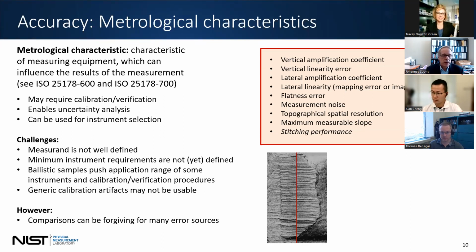On the other hand, the big advantage in forensics is that comparisons can be forgiving for many of the error sources. So all those metrological characteristics that are listed in the orange block, a lot of them may not be relevant when you do comparisons. For example, the vertical scale of your measurement is extremely important in industrial measurements of roughness.